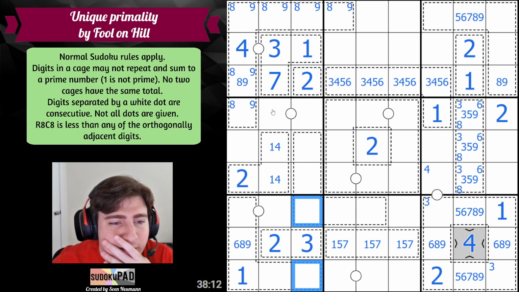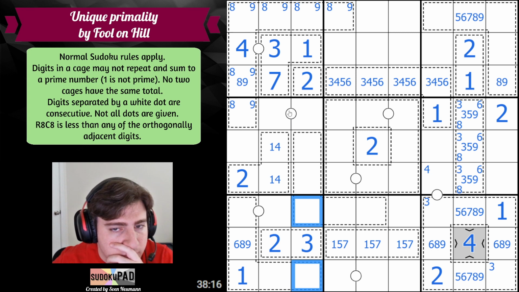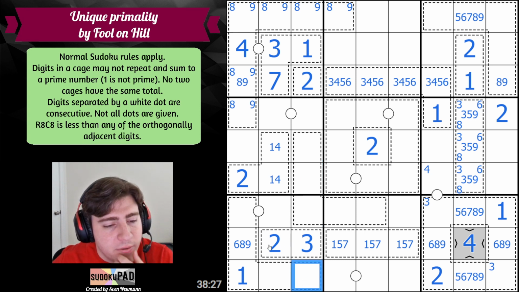See, after I said that, now I want to look at all the consecutive dots to see if I've missed something. Four going here or here.